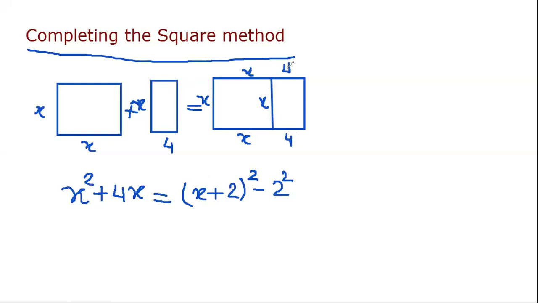Now divide this 4 into two parts. Then the figure converts into this form. When we divide 4 into two parts, then 4 can convert into 2 and 2.